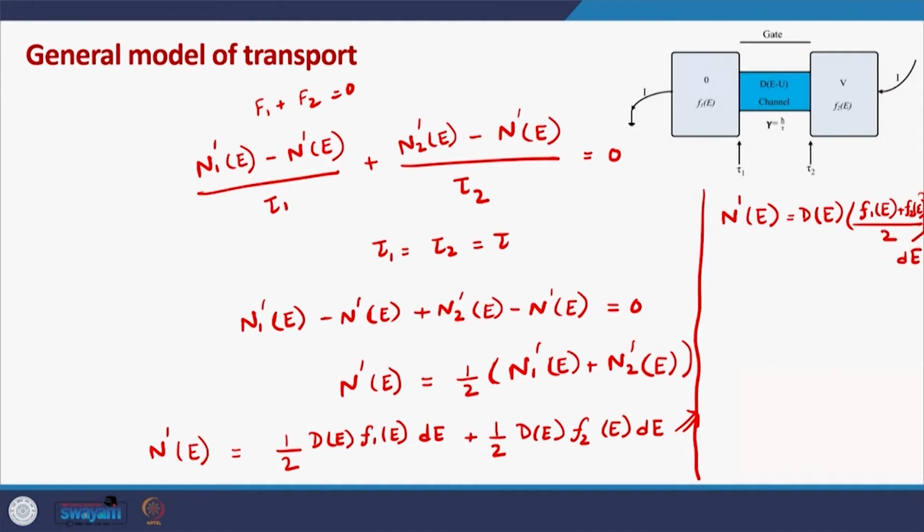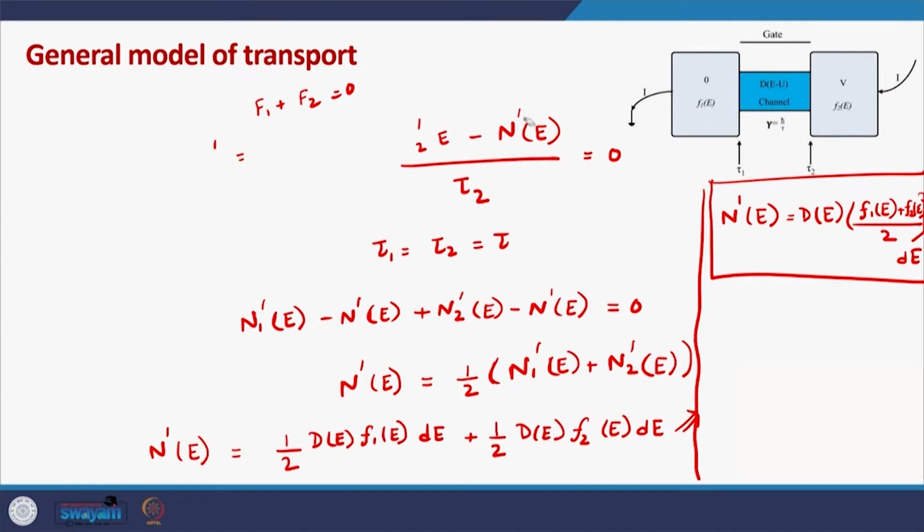So, this is the expression for the number of electrons in the energy range E to E plus dE in the steady state in the channel.